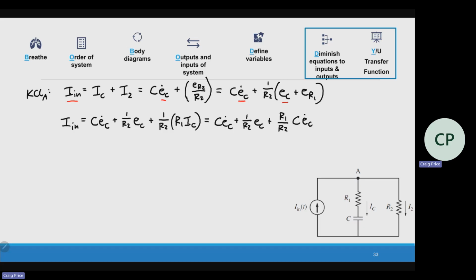So I have two of the derivatives here. I want to combine those. So this becomes C times 1 plus R1 over R2 times the derivative, plus 1 over R2 EC.